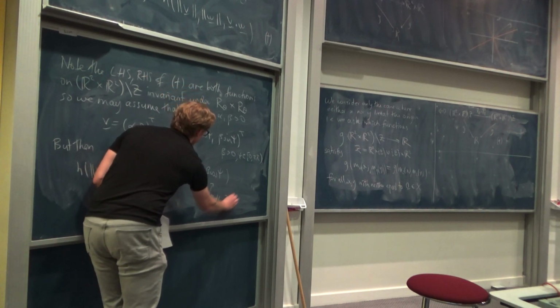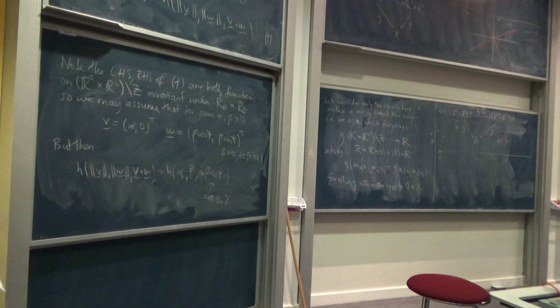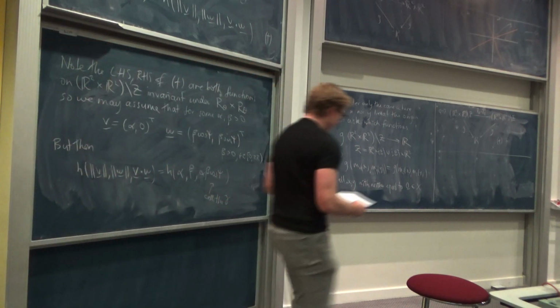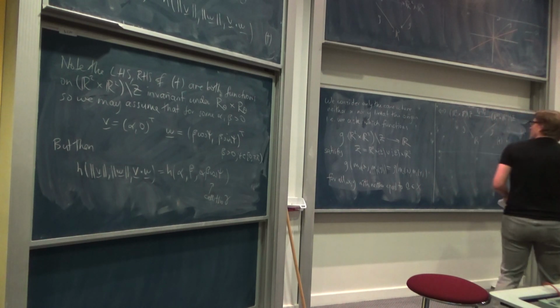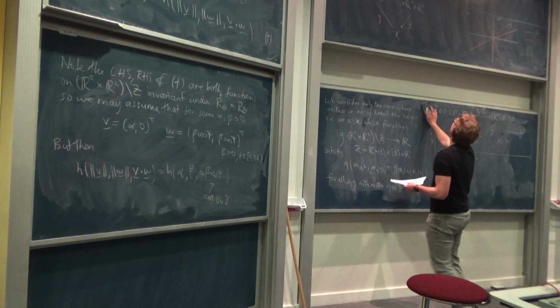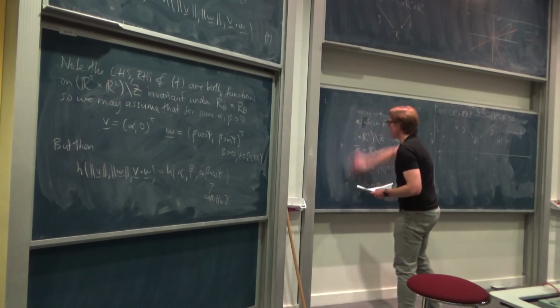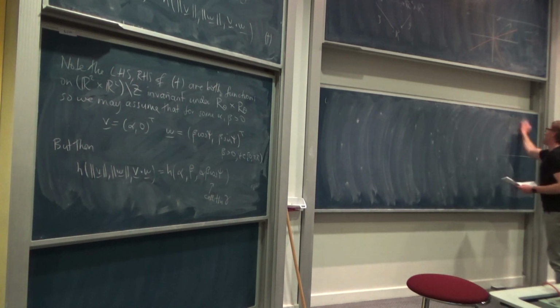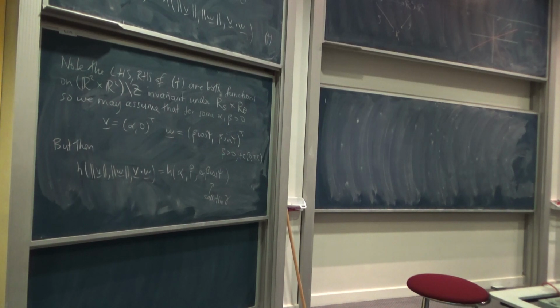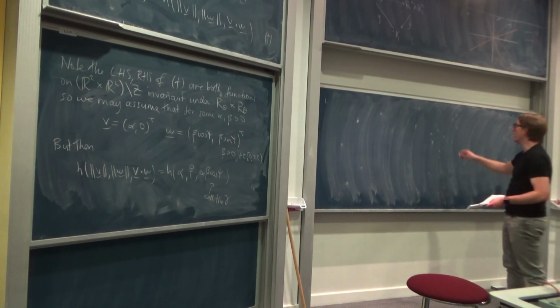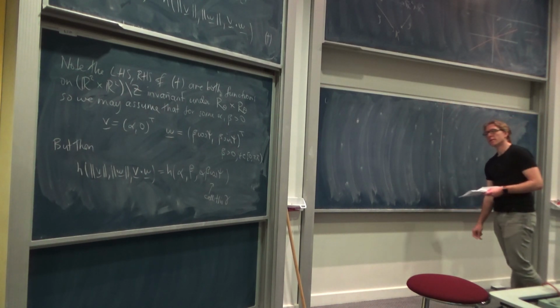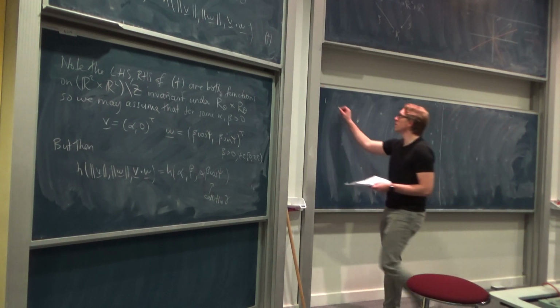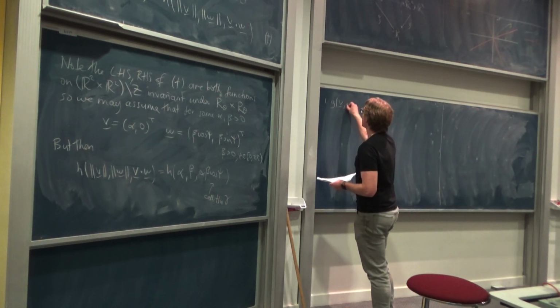So let me call that quantity alpha beta cosine psi gamma. Right, so that's what H of that pair is. Now let's evaluate G. So G of V, W.